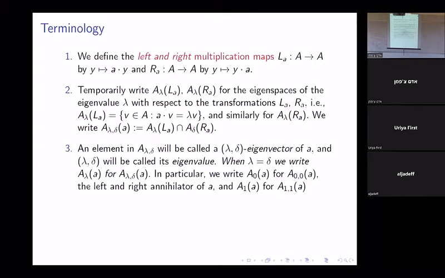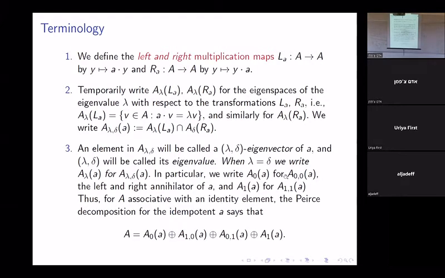So this is more terminology. When lambda equals delta, we'll just write one subscript.